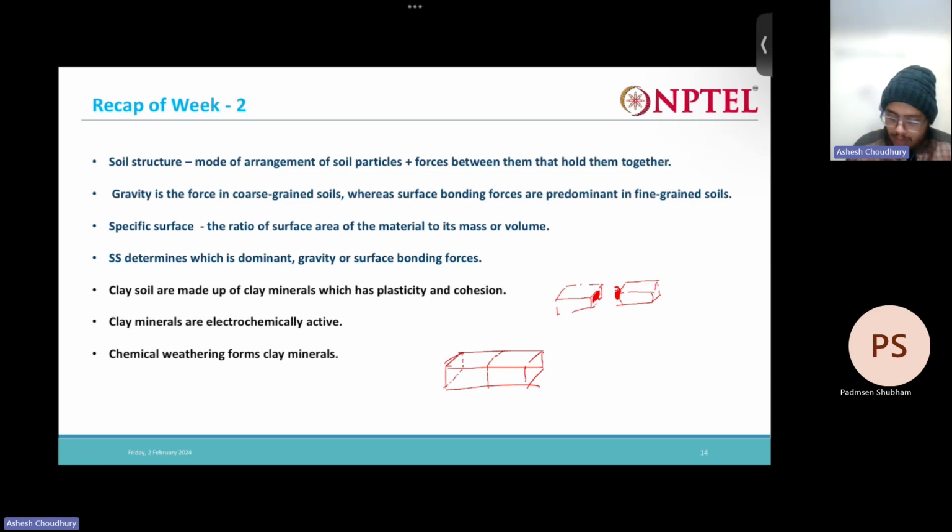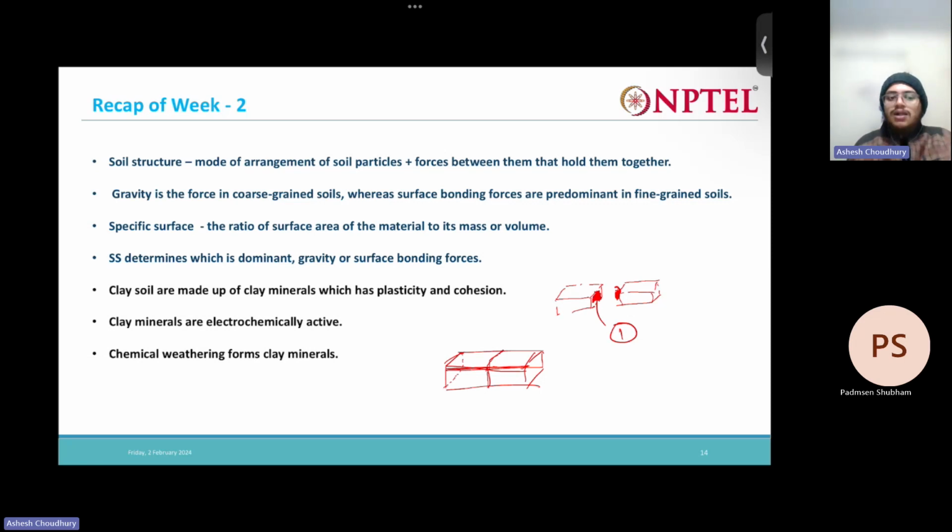Before, this was just a whole block, right? Now you are dividing it, so one additional area is coming here. Whenever you go on dividing it into more parts, the surface area is going to increase, but in the same volume.